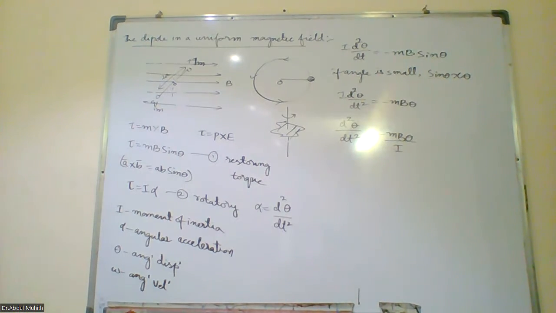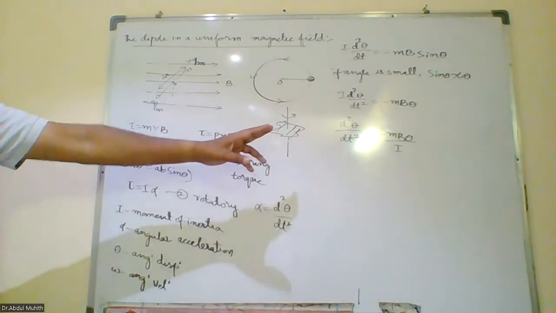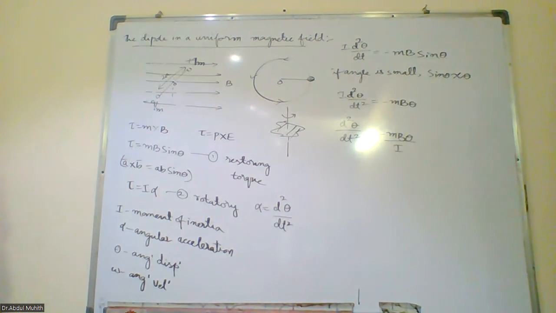Let's copy this now. So d square theta by dt square is equal to minus mb into theta by I.